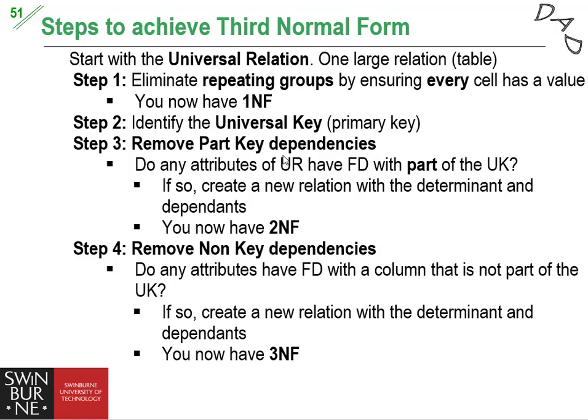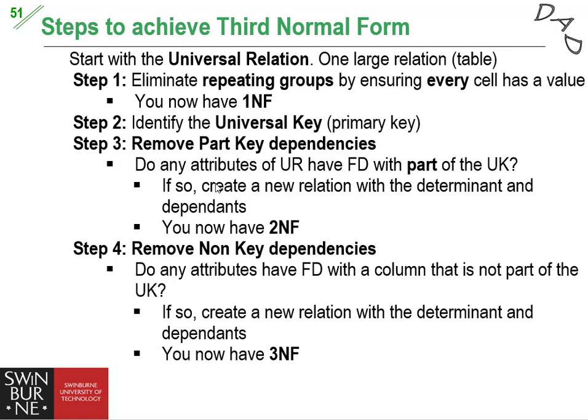Step 3 is we need to remove the part key dependencies. The universal key is definitely a composite identifier. So we need to take each part of the key and find out which columns in the universal relation are associated with that part of the key.